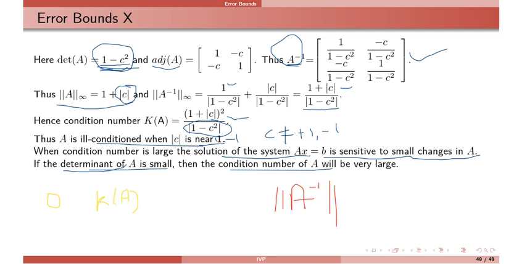On the other hand, if this number is bigger, then a small change in matrix A can cause large changes in the solution. This condition number comes from the bound of relative error.